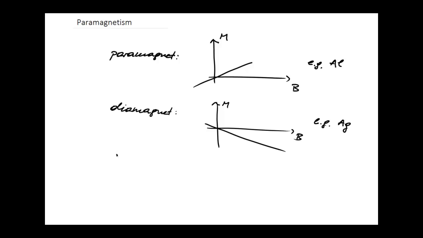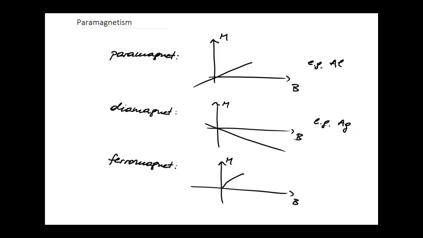And then finally there's the ferromagnet, where you have the following effect. When you start with zero magnetic field and the ferromagnet is not magnetized at all, then the ferromagnet will respond sort of similar to a paramagnet.